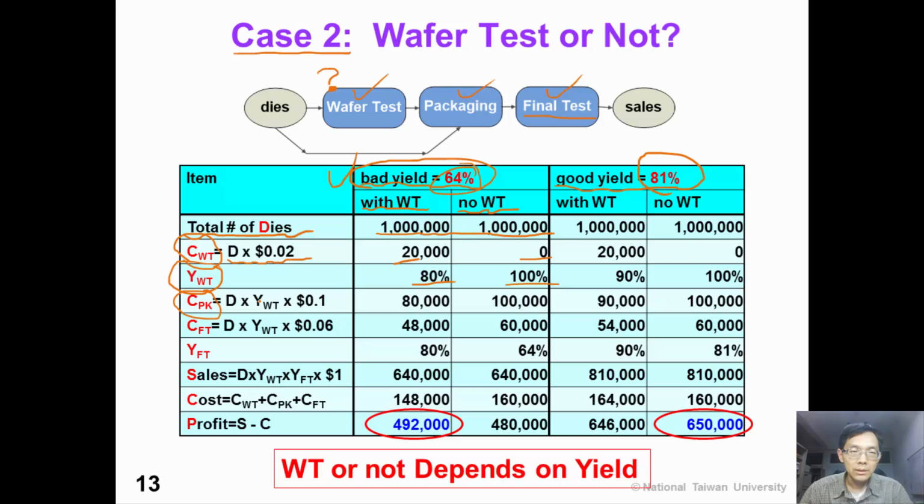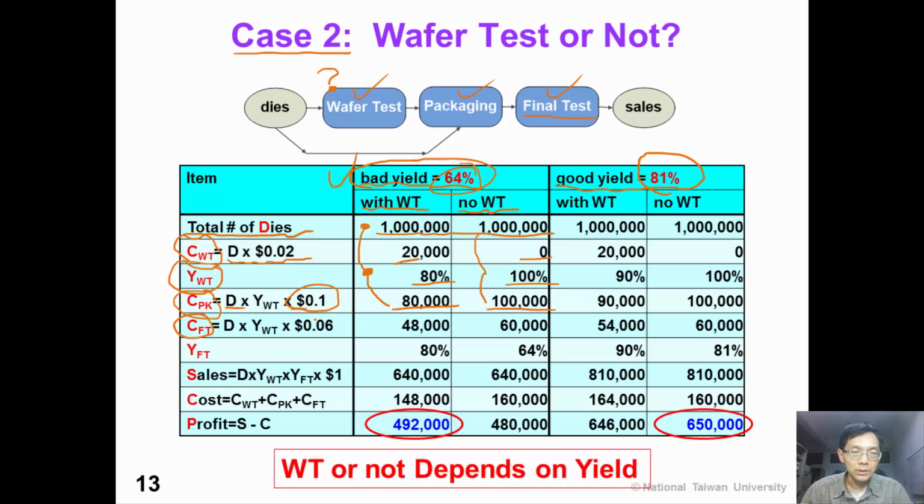And the package cost is equal to the number of die times the wafer yield times 10 cents per die. So it is 80,000 for the first case and 100,000 for the second case. Since we don't have any wafer test, we need to package every die.